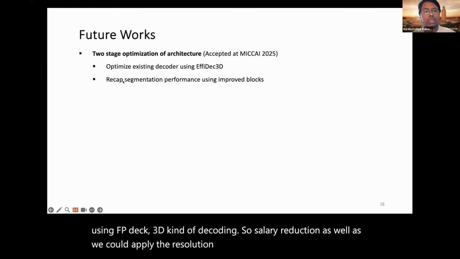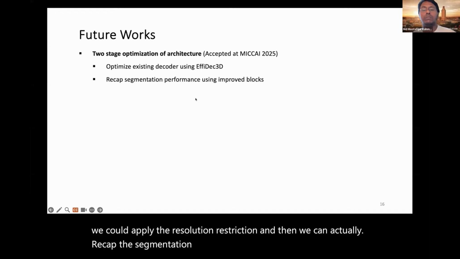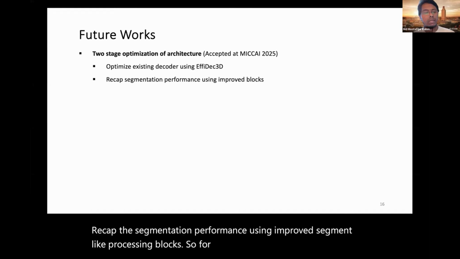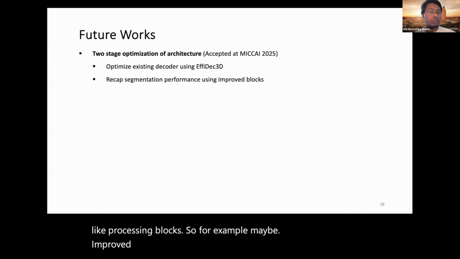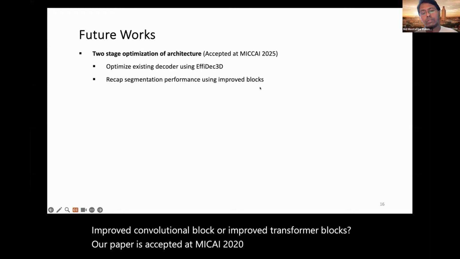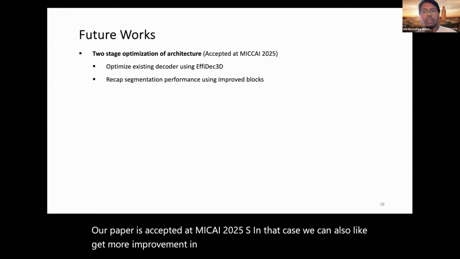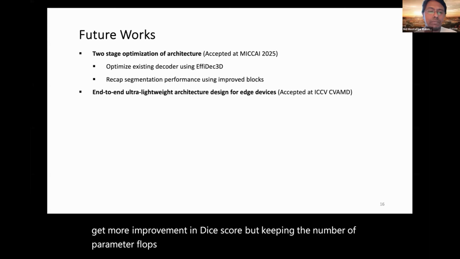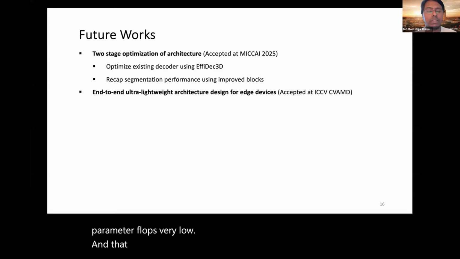Then we can recover the segmentation performance using improved processing blocks, for example, an improved convolutional block or improved transformer blocks. Our paper is accepted at MICCAI 2025. In that case, we can also get more improvement in dice score while keeping the number of parameters and FLOPs very low, and that can be used for edge devices or point-of-care devices very easily.